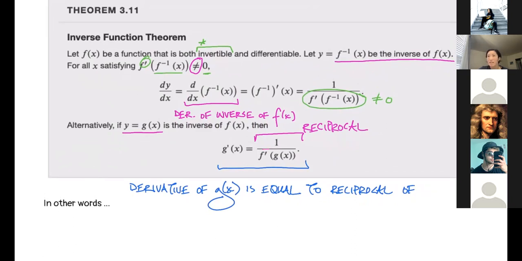So the last part of the theorem explained the same way, that 1 over, I see, this part right here. It does look really similar to this part or to this part.